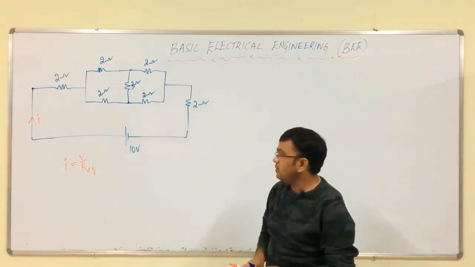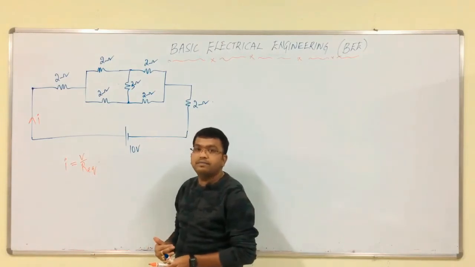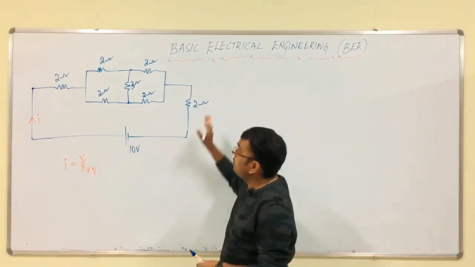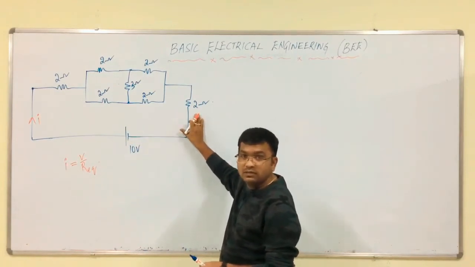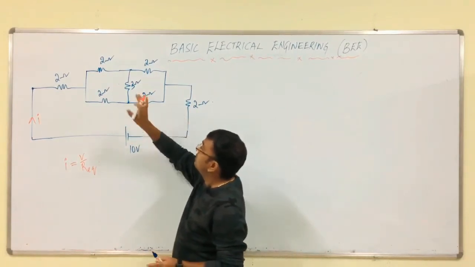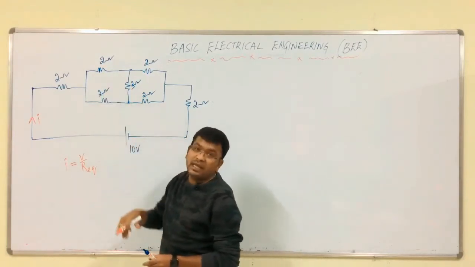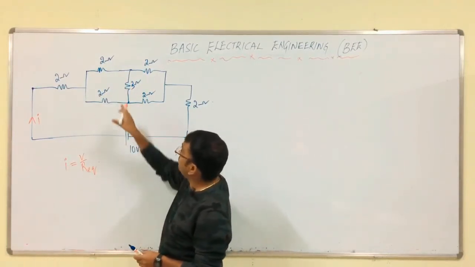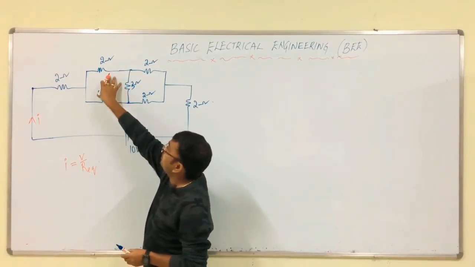This is the formula. So, V is there, we have to calculate R equivalent from the circuit. Okay. 2 ohms are outside of this complex network. So, we have to reduce this complex network into an equivalent one.